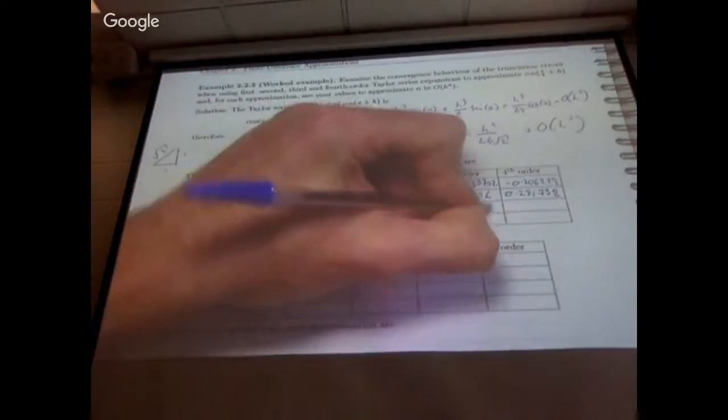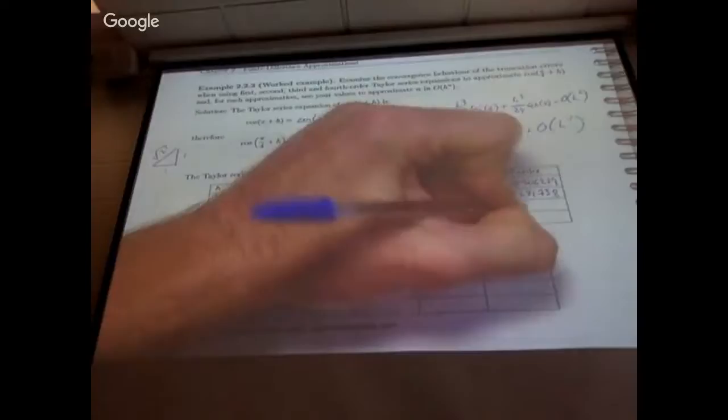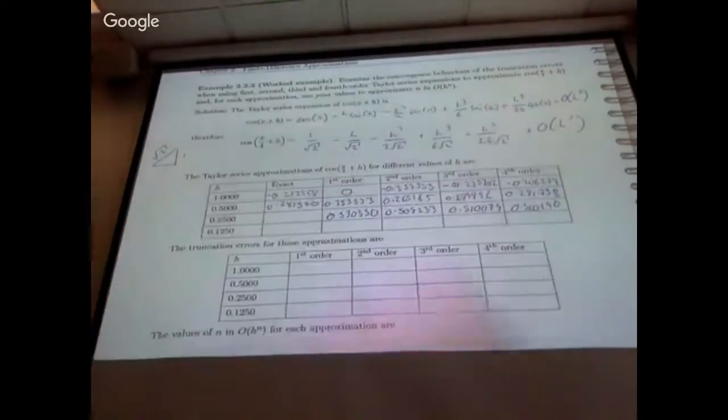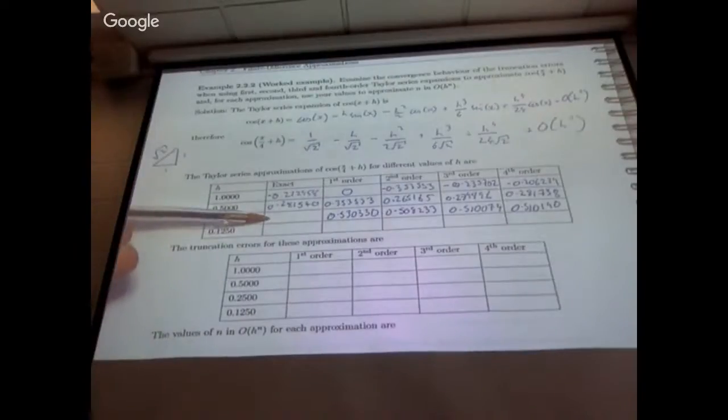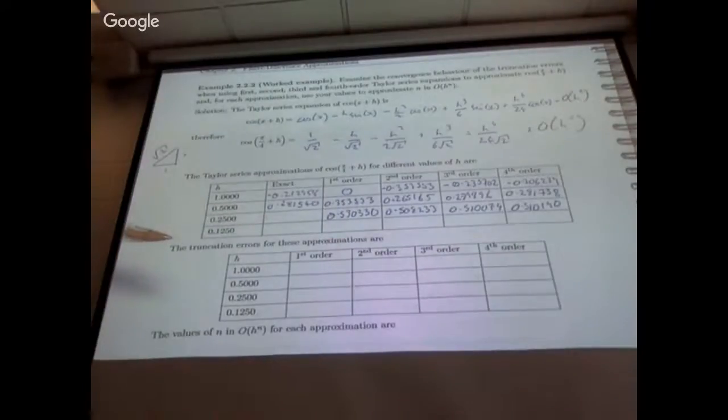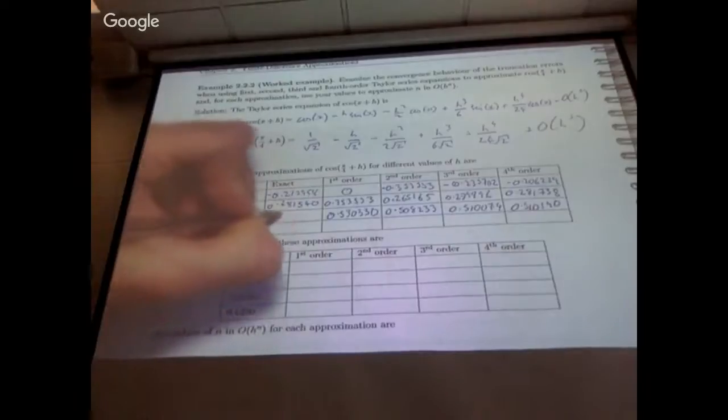Keep going. Anybody know what that exact one should have been? What's the cosine of pi over 4 plus 1/4? Anybody know? Sorry, 0.5? 1.5.